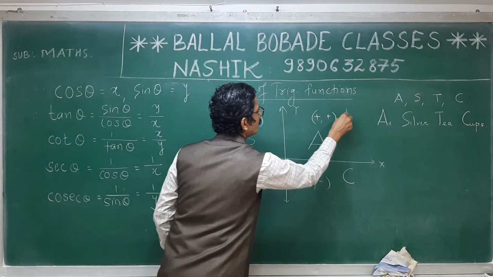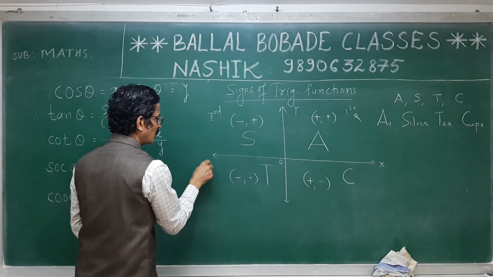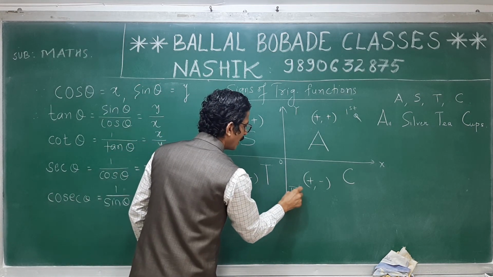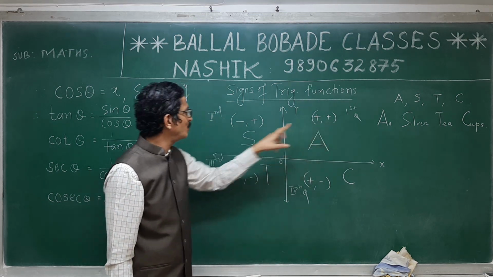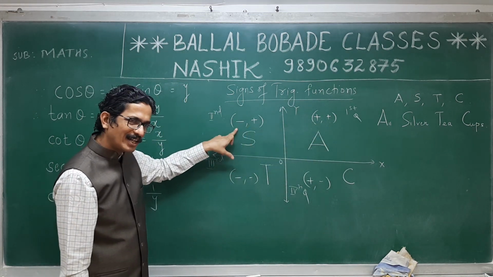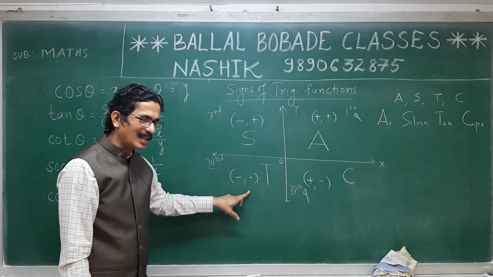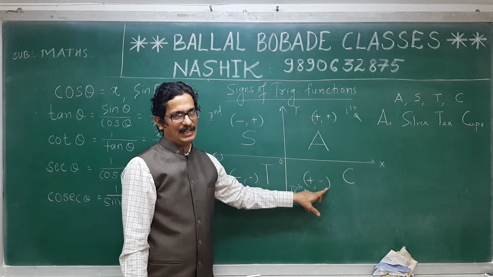Everybody knows this is first quadrant, this is going to be second quadrant, this is your third quadrant, and you have the fourth quadrant. Everybody knows in first quadrant x and y both are positive, in second quadrant x negative, y positive, in third quadrant both the coordinates are negative, and in fourth quadrant x positive and y negative.